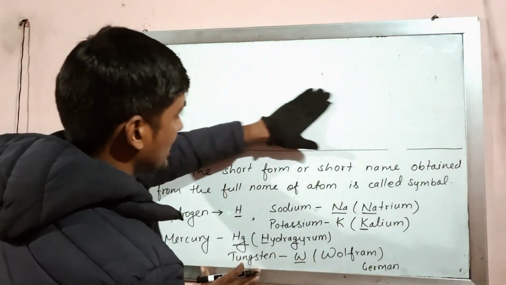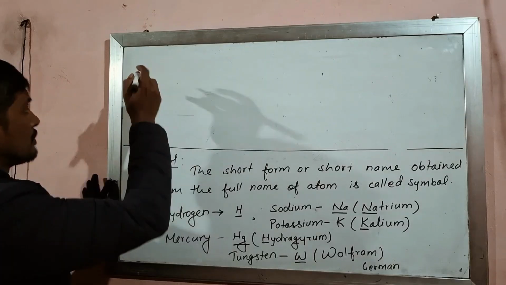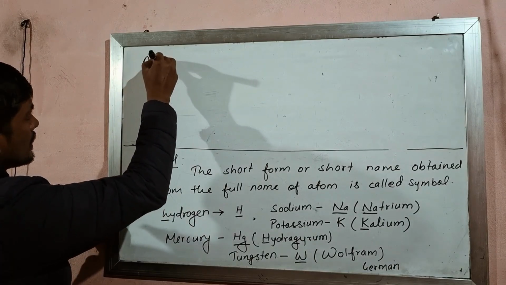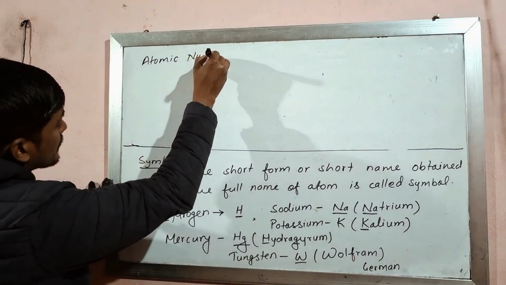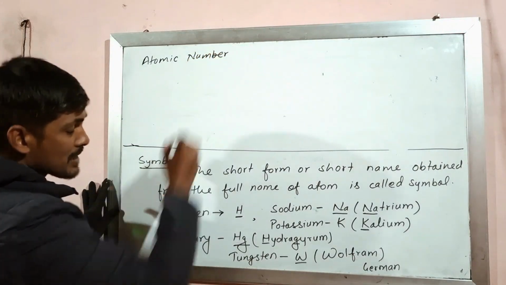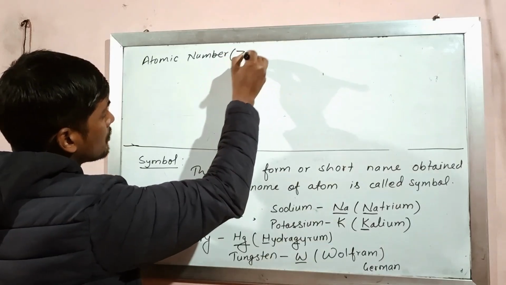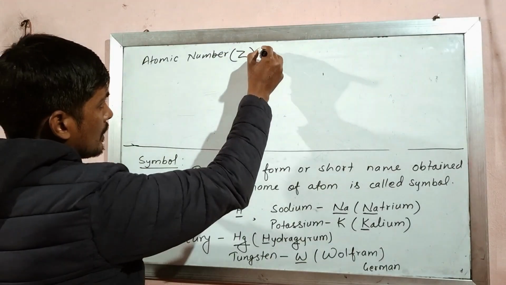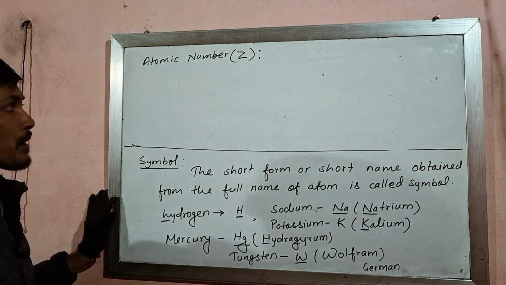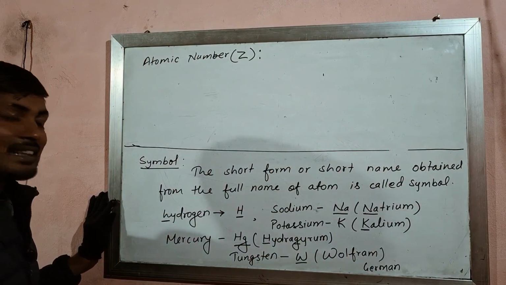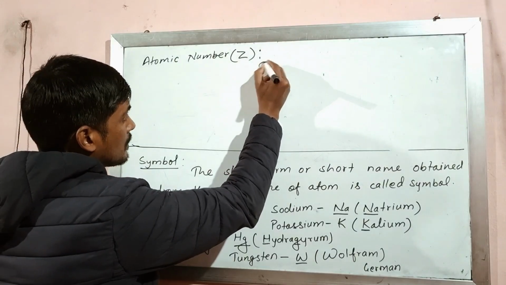Atomic number is represented by the letter Z, and it means the total number of protons present in any atom is known as the atomic number.